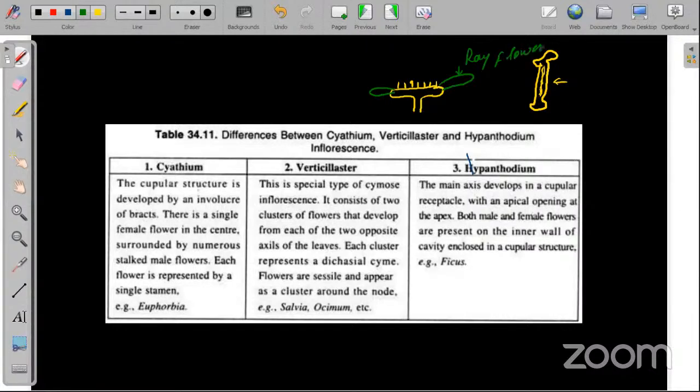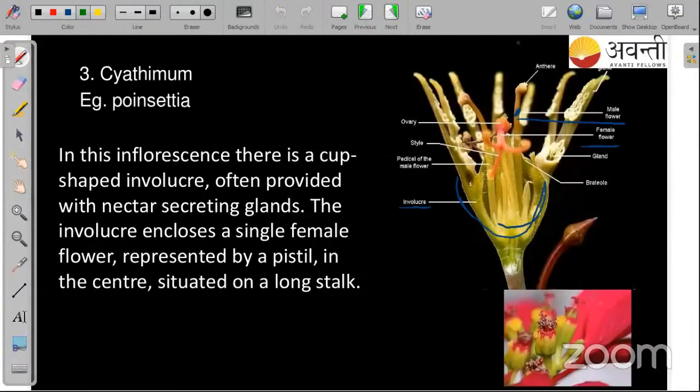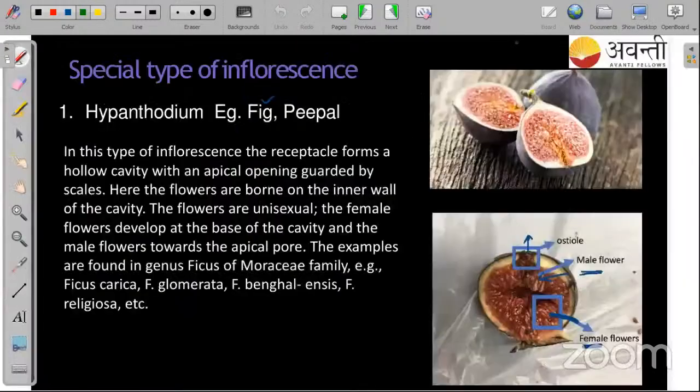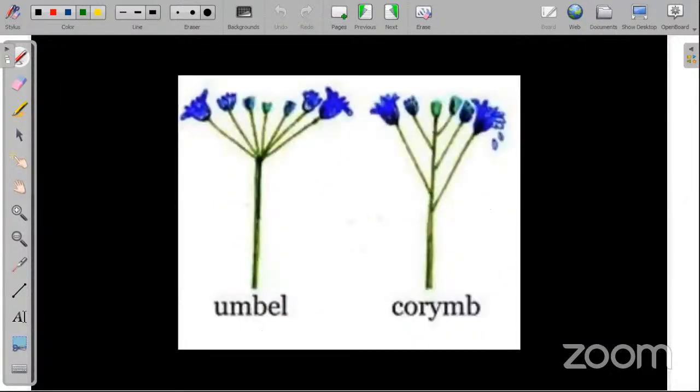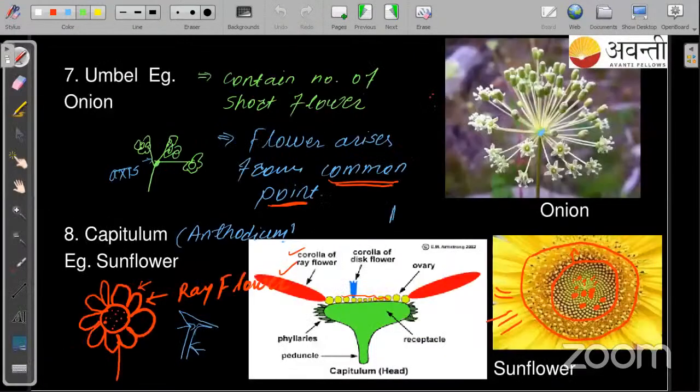You can see it in this diagram. This part is the corolla of the ray flower, and this part is the sessile flower, and this is the capitulum. You can see this structure in the sunflower.